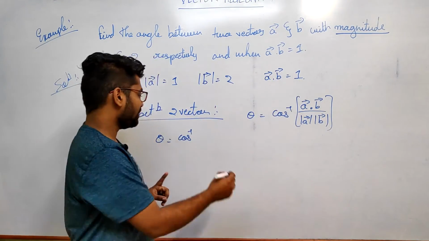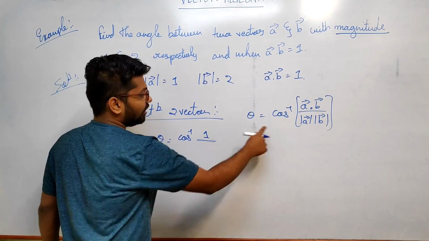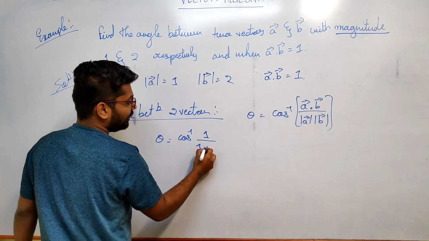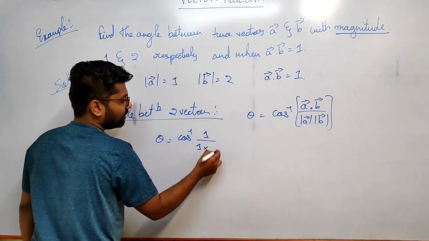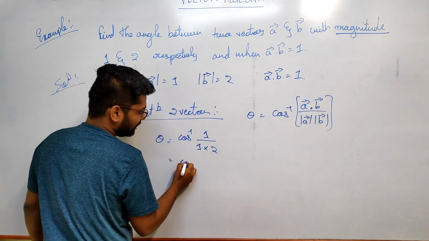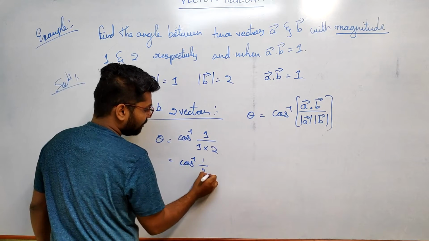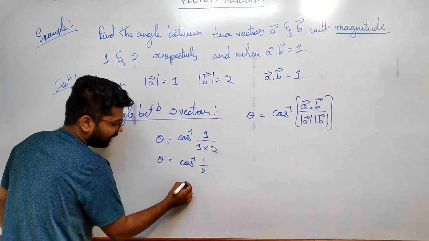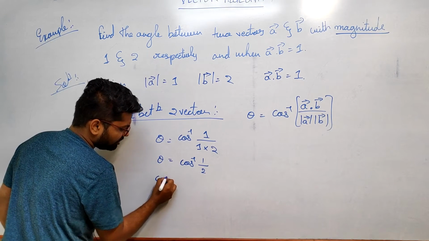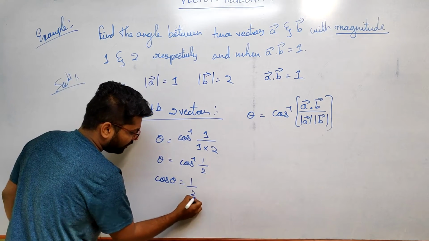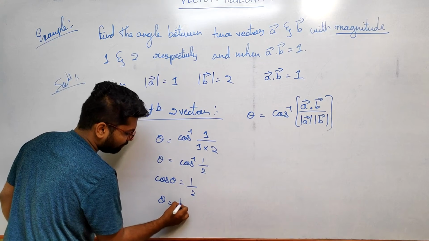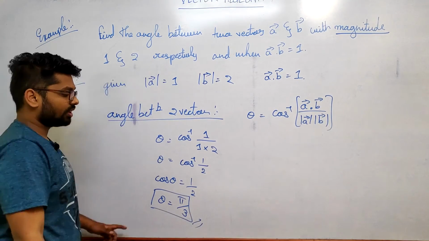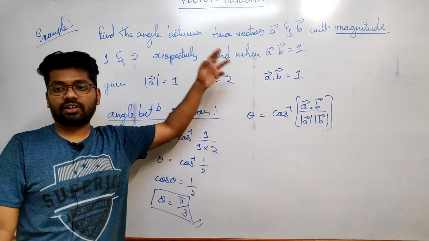Yes. The answer is 1 divided by mod a bar, which is 1, into mod b bar, which is 2. So theta is cos inverse 1 by 2. Cos theta is equal to 1 by 2, which means the angle is pi by 3, 60 degrees. So this is the angle between the two vectors.